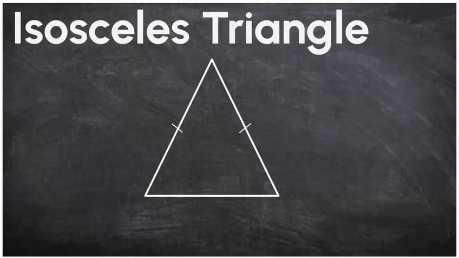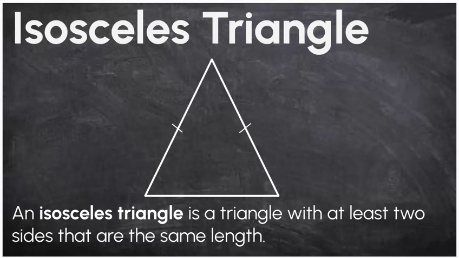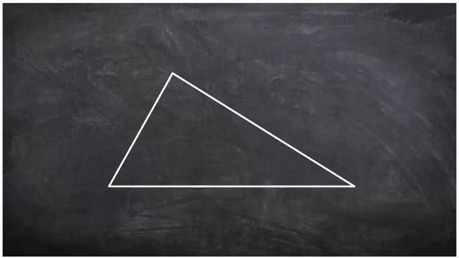Isosceles triangle. What characteristics does an isosceles triangle have? An isosceles triangle is a triangle with at least two sides that are the same. We see that same symbol, but only twice, which is why it's isosceles.